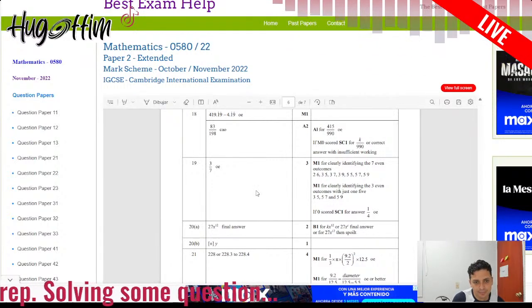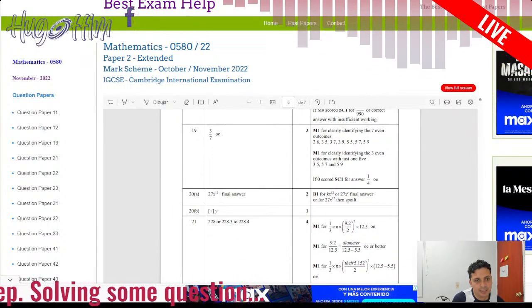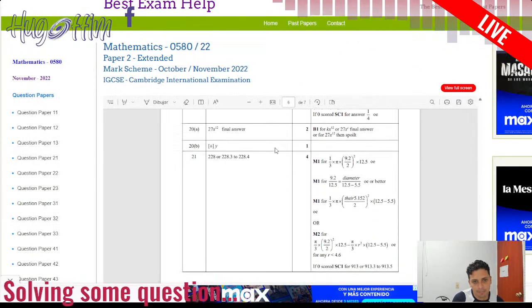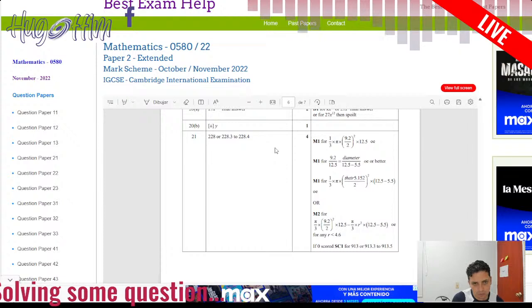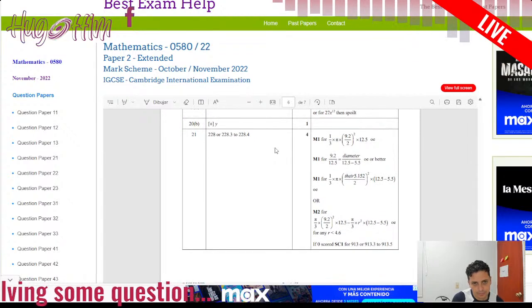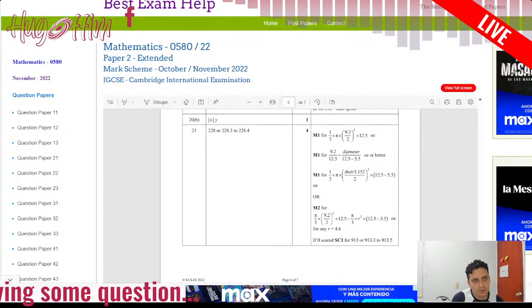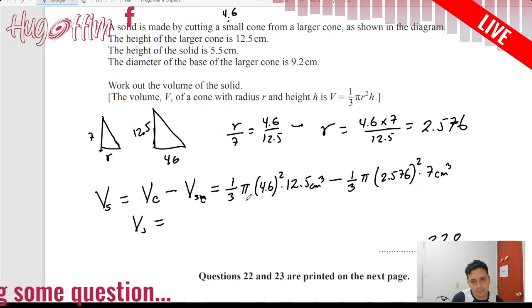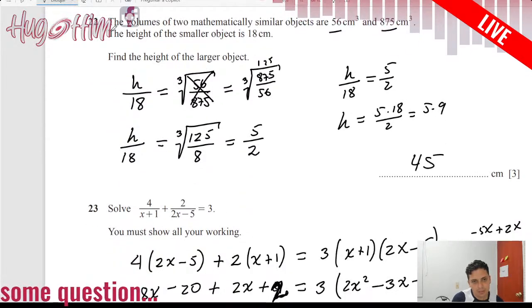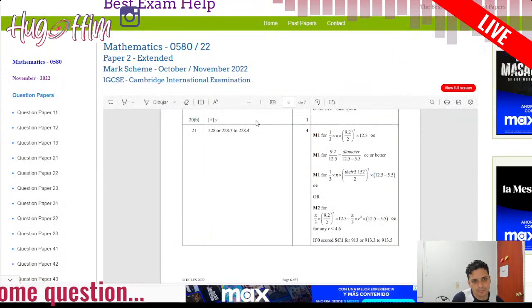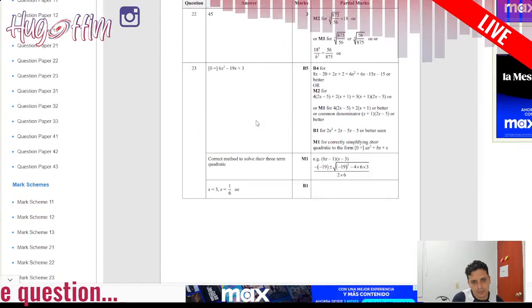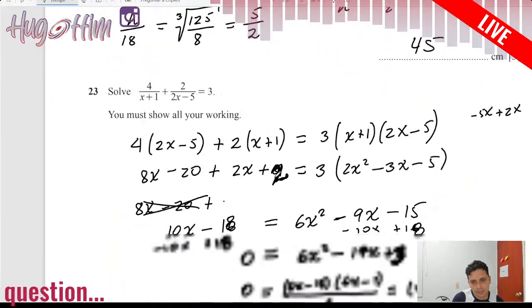Okay, let's go. 27x to the 12th y. Positive or negative y. Oh, okay, you should put 228. Okay. 45. And finally x 3 and 1/6.